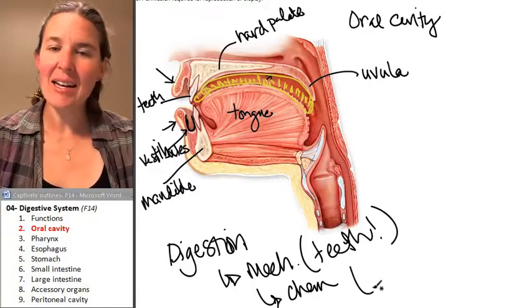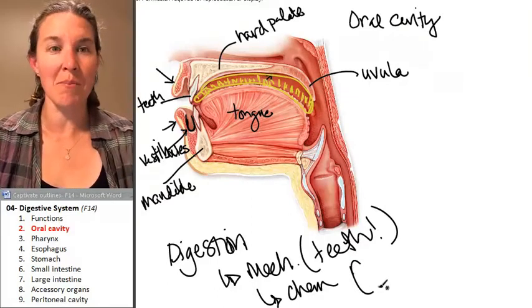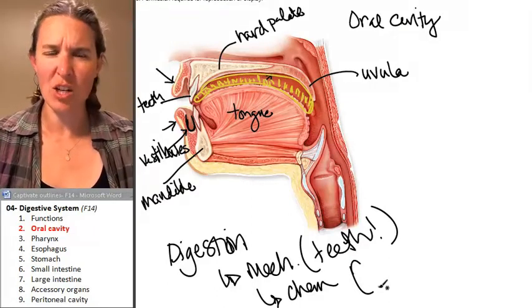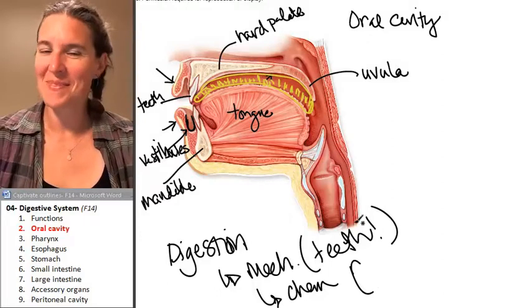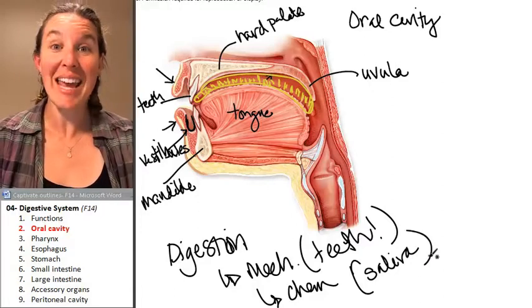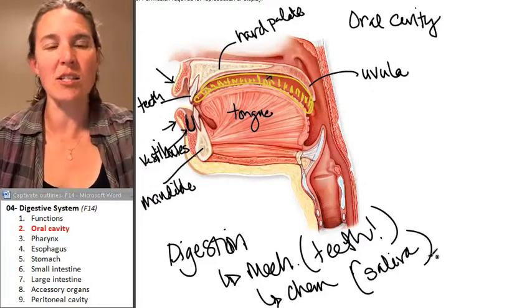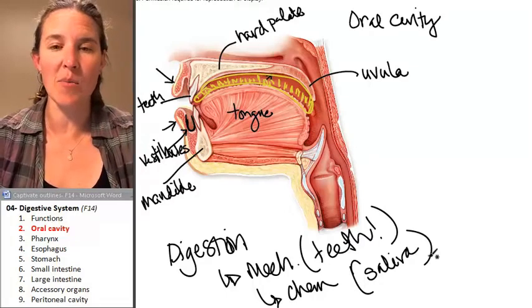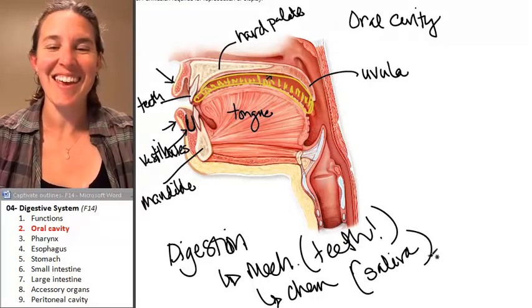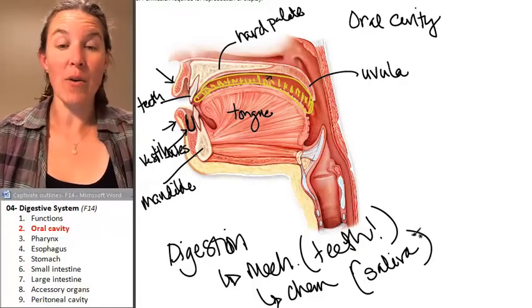And chemical digestion: there are chemicals being added into your mouth that are digesting your food? Indeed, it is so. Your saliva contains a digestive enzyme called salivary amylase that breaks down starch. And so chemical digestion actually begins in your mouth.